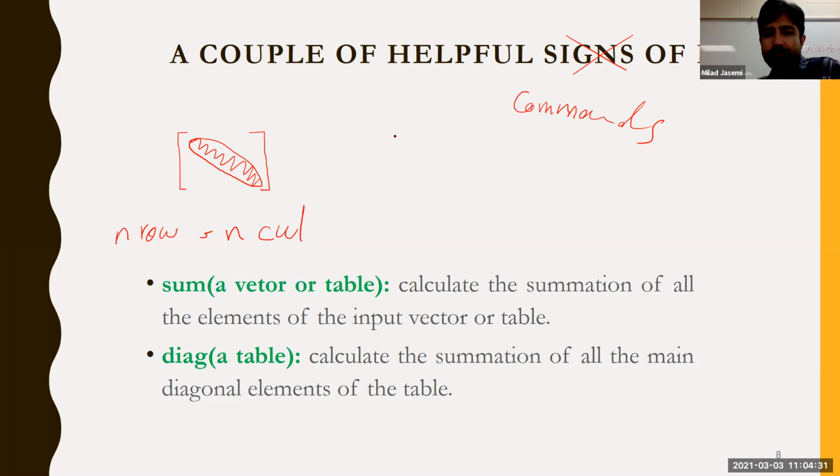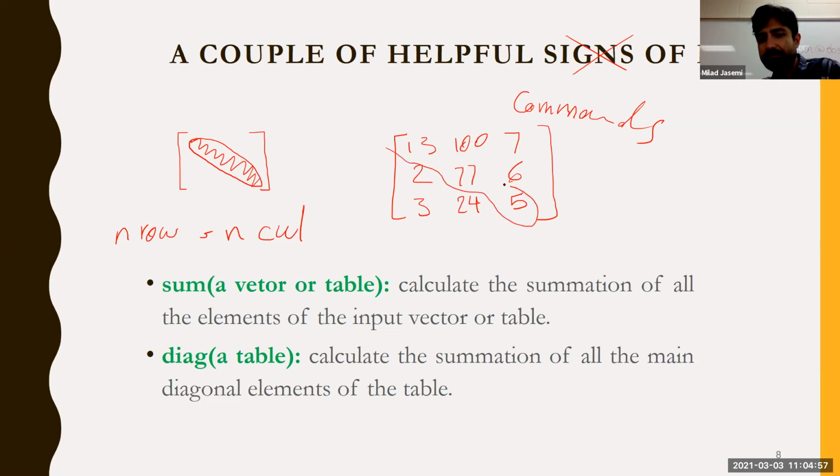And for example, if we have 13, 2, 3, 177, 24, 7, 6, 5, then you use this command, it gives you the vector of these elements that I'm showing you on this slide.